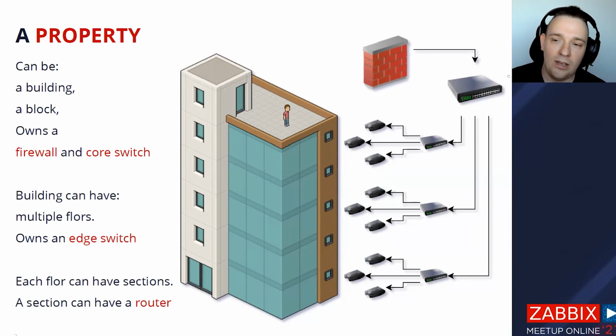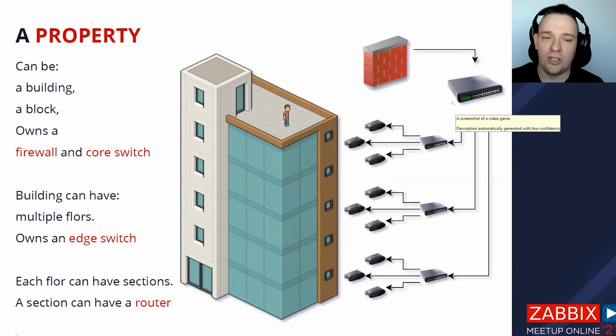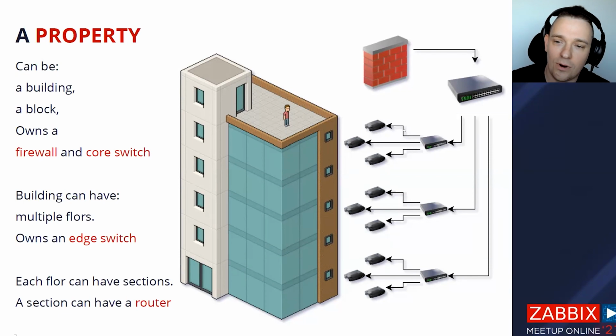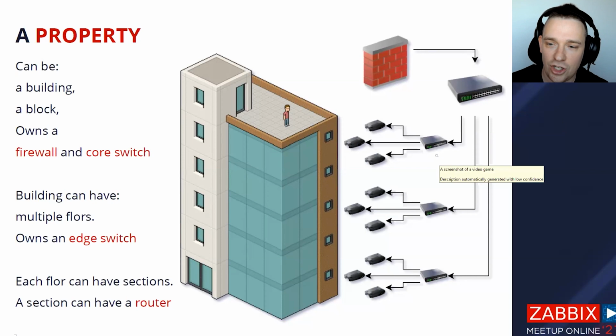The next will be a core switch, which is responsible for delivering communication to other floors. And then on each floor, there can be some sort of edge switch. And then maybe on each floor, there are departments, and the department can consist of some workstations, laptops, a printer. And then just to feed the network for the printer, we can have a router.